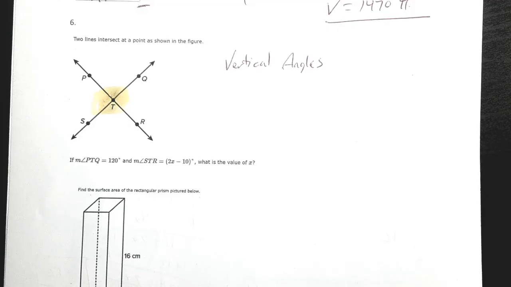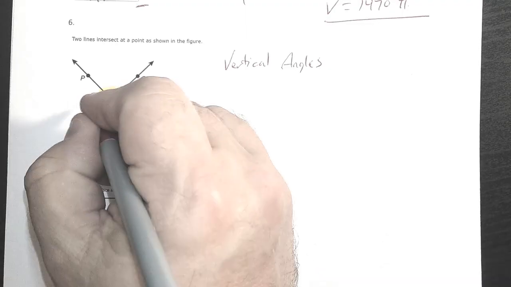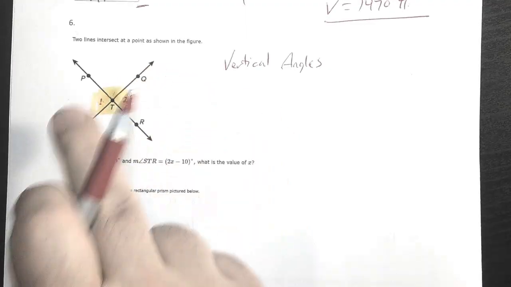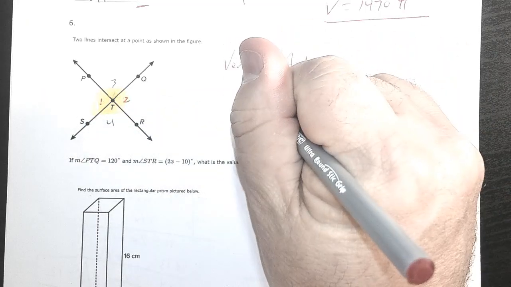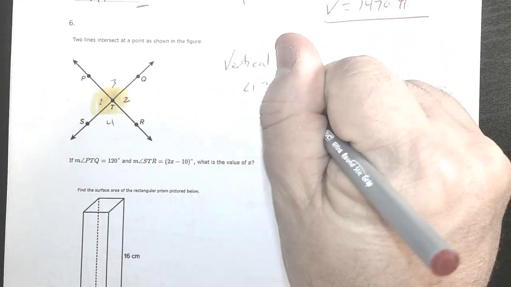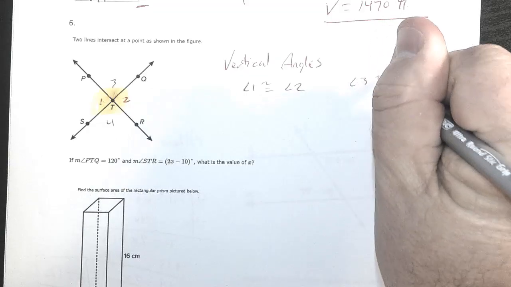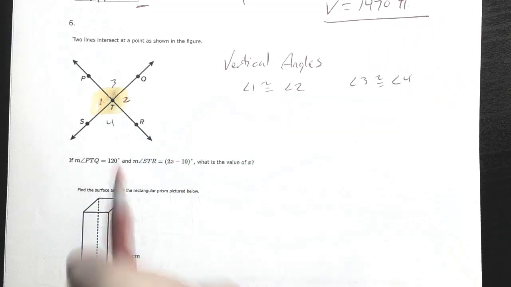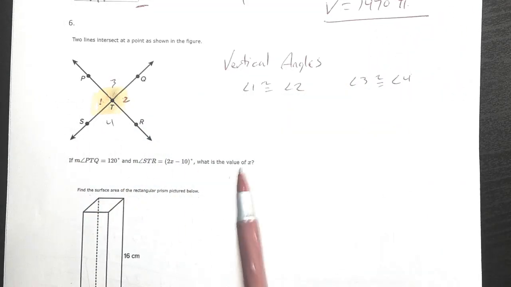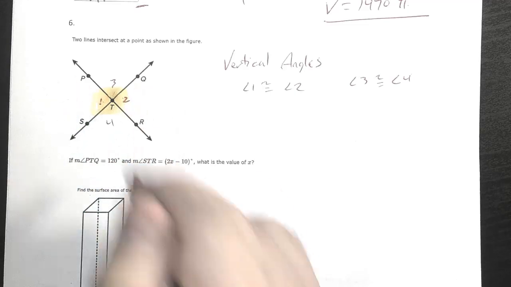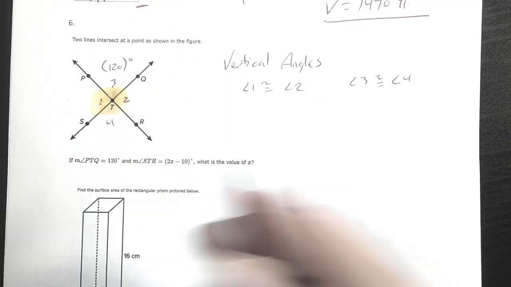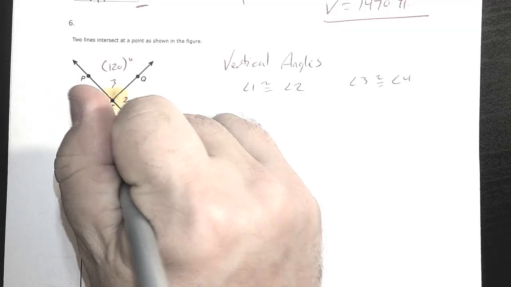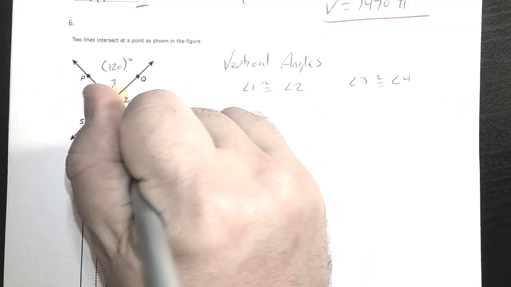So vertical angles, the left and the right and the top and the bottom. So in this case, angle 1 would be congruent to angle 2. Angle 3 would be congruent to angle 4 because they're vertical angles. So PTQ, this is 120 degrees. And then STR, the bottom side, is 2x minus 10.